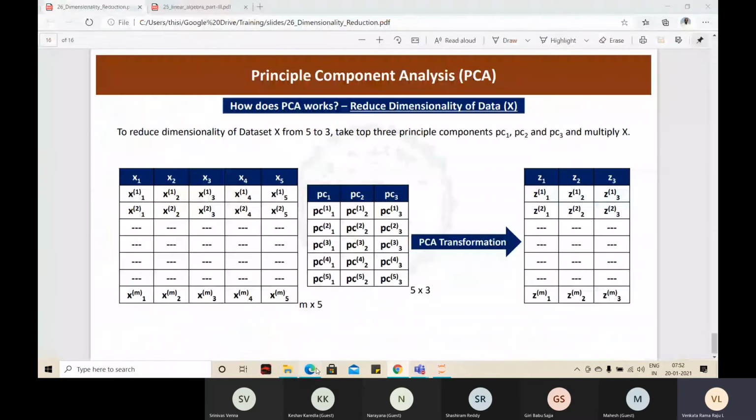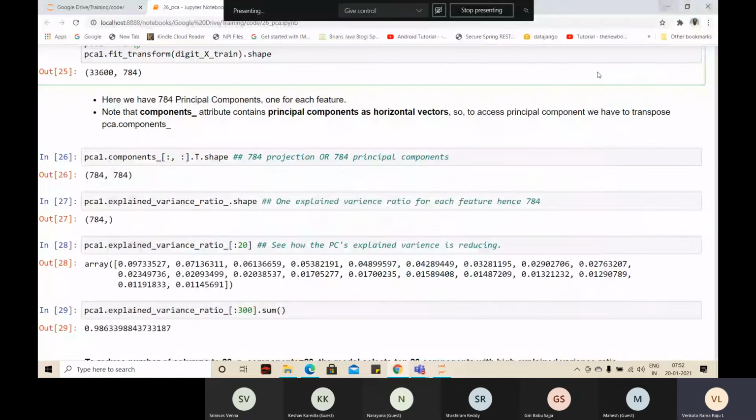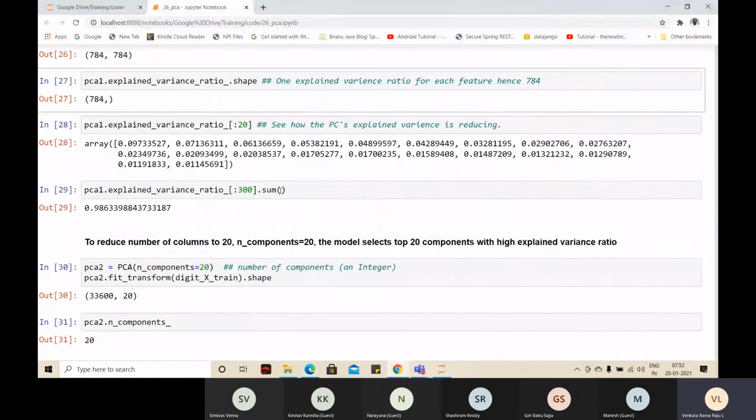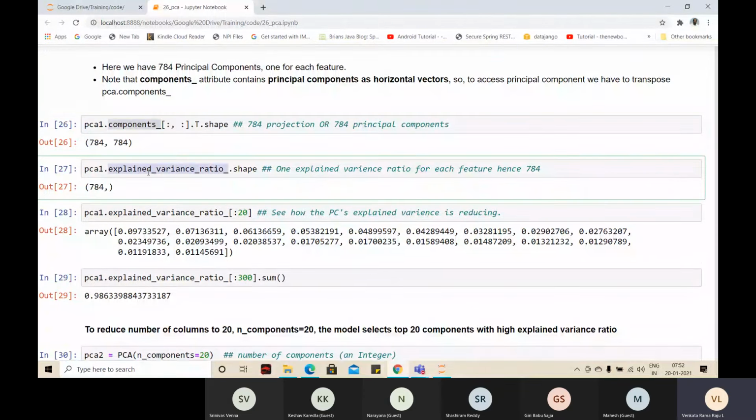All components means you took all components and multiplied your data. You took 3 components here, you got 3. If you take 5, you get 5. And then there are 2 attributes, components_ and explained_variance_ratio_. In interviews, they'll ask, how will you know how many components you should be taking? Explained variance ratio is the array which tells you how many components to take.